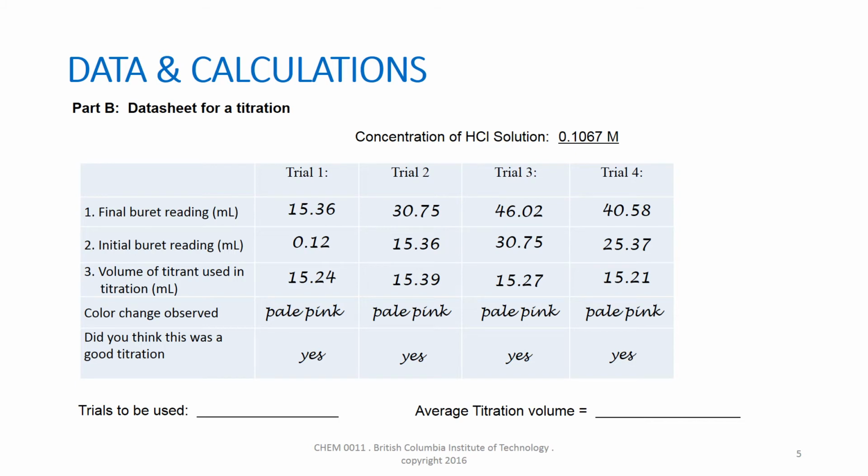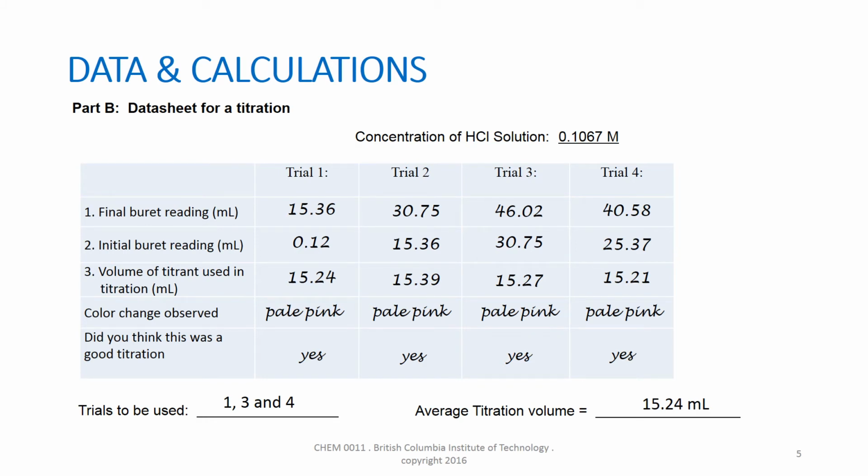Perhaps slightly more than 10 milliliters of HCl was erroneously pipetted into the Erlenmeyer flask in this trial. In this case, trials 1, 3, and 4 are used to determine the average titration volume. The average of 15.24 milliliters, 15.27 milliliters, and 15.21 milliliters is 15.24 milliliters.